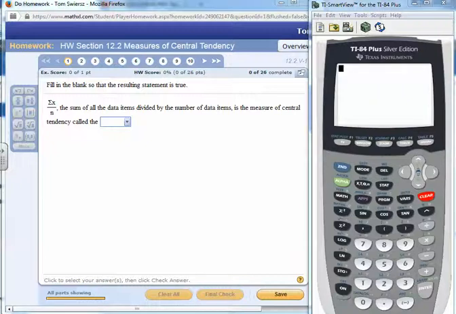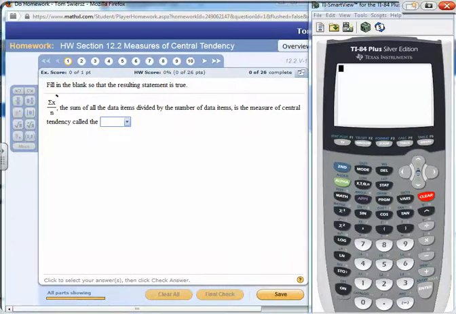The summation, this Greek symbol sigma, stands for summation over the number of data items n. So it says the sum of all the data items divided by the number of data items is the measure of central tendency called the what?